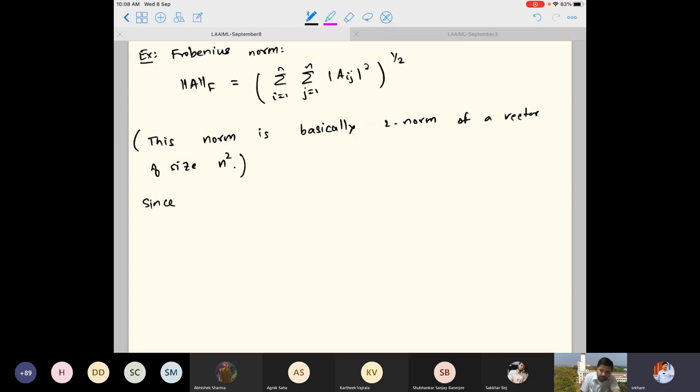Since 2 norm is a norm on R^(n square), first three properties of norm are automatically satisfied. First three properties of matrix norm are automatically satisfied.